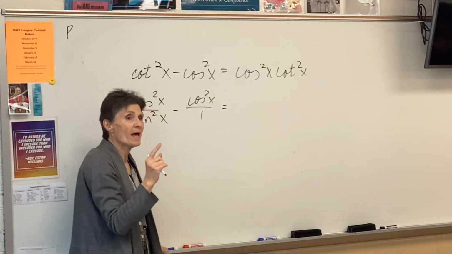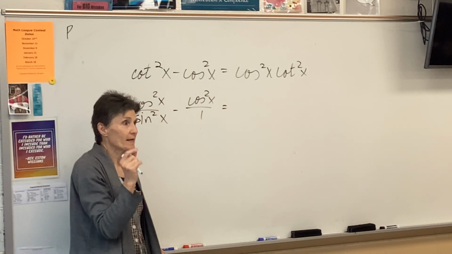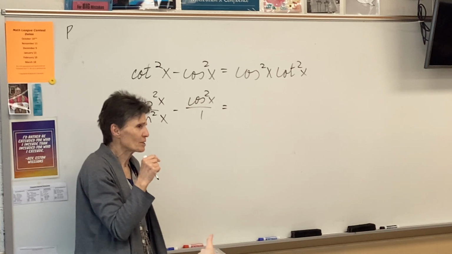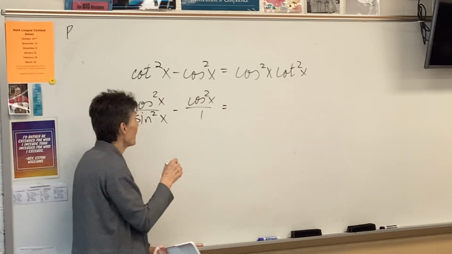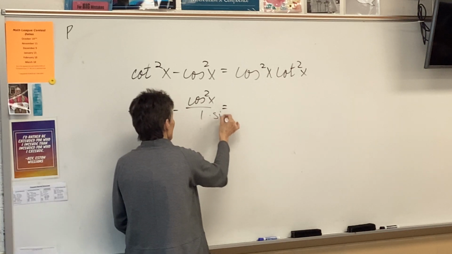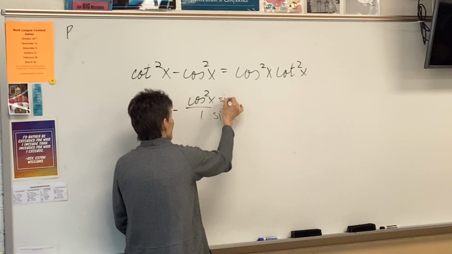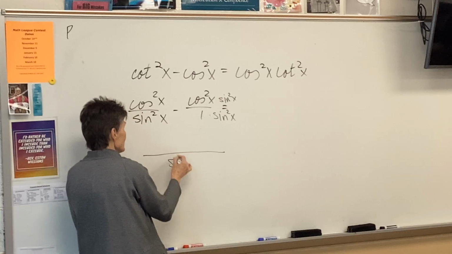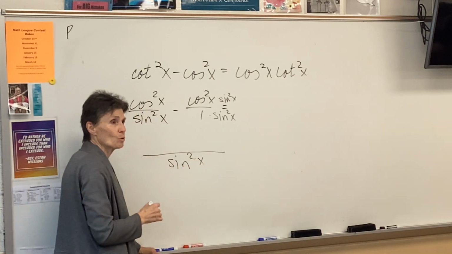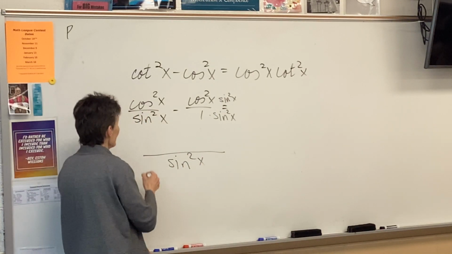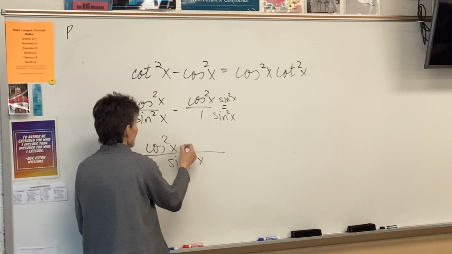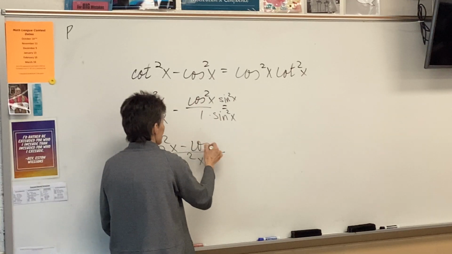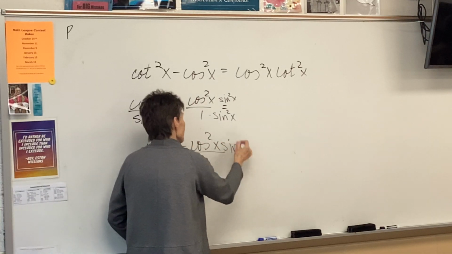Now, having done that, what seems like a logical next step? You might want to do this on another sheet of paper. Get a common denominator, which will be sine squared. So now I have a denominator that is sine squared, and my numerator is cosine squared minus cosine squared sine squared.